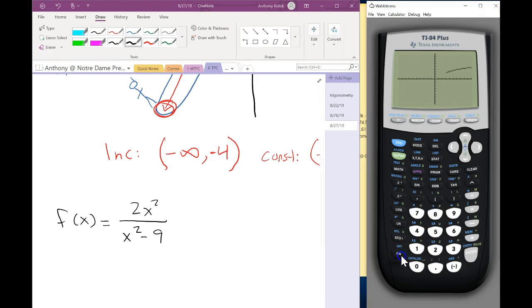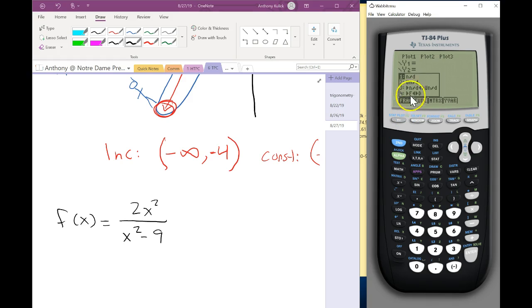So I'm going to take out my graphing calculator, go to the y equals menu, clear out whatever stuff might have been in there, and I'm going to type this in exactly as it's written. So the easiest way to type in a fraction is to use the fraction commands. You can access the fraction commands by pressing the alpha button and then the y equals button.